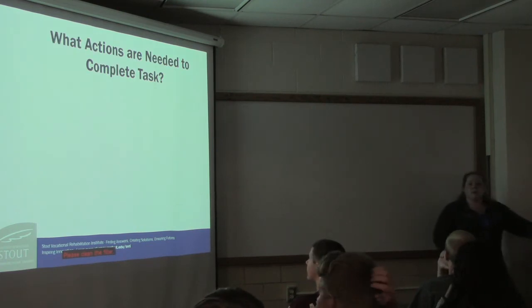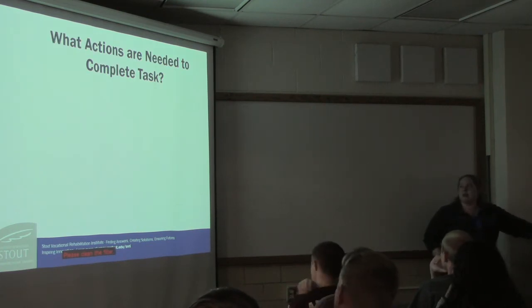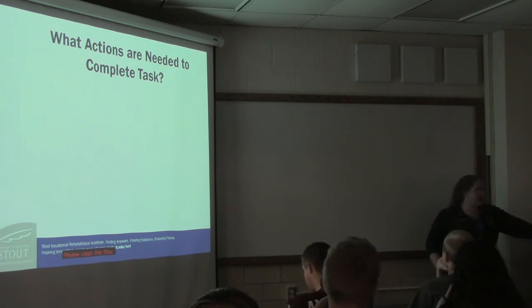The other thing we think about with access is what actions are needed to complete a task. So when we think about controlling a mouse, what actions are required, not with the physical act of controlling the mouse, but with moving the cursor on the screen? What actions are required to control the cursor on your computer?